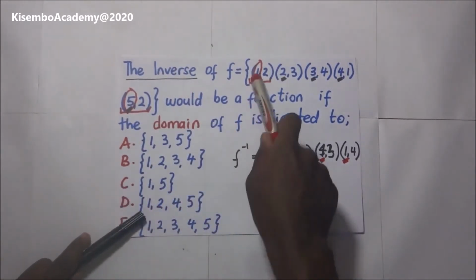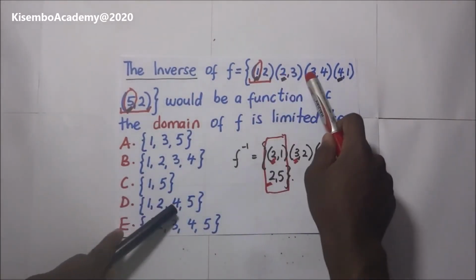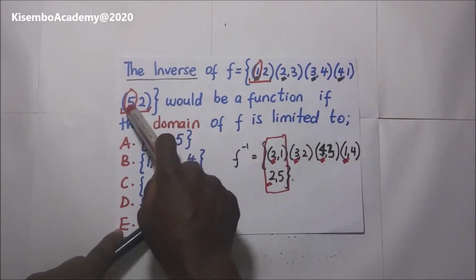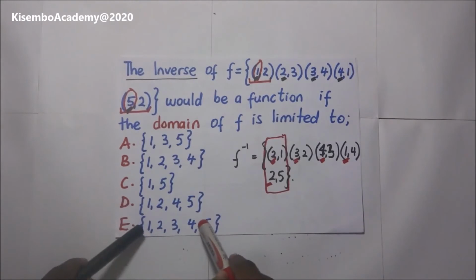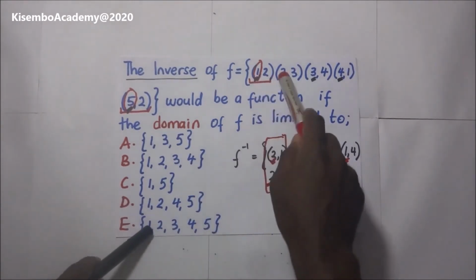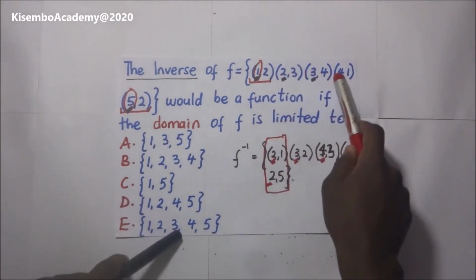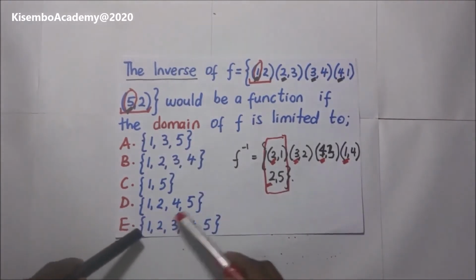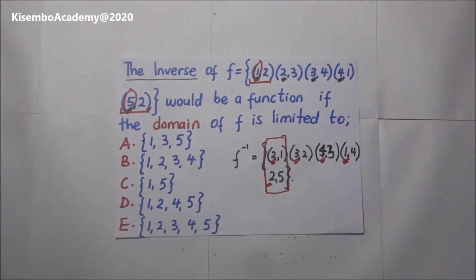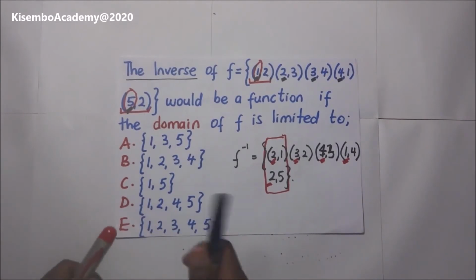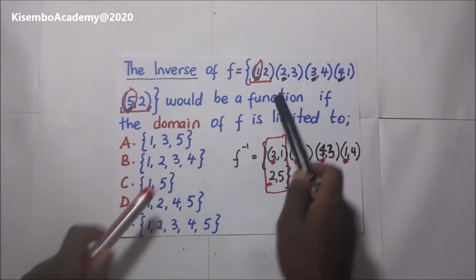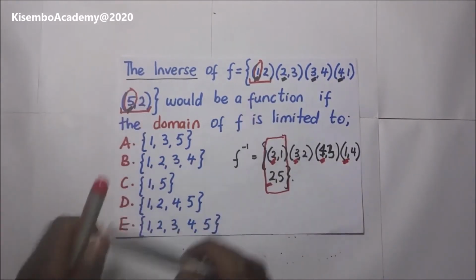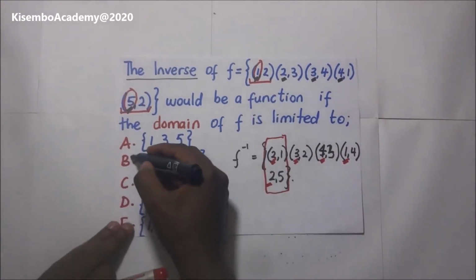Part D is 1, 2, 4, and 5, so both are still there. D is not it. Then part E is 1, 2, 3, 4, and 5. Part E includes all of them, so it's not. The answer here is B. That B has 1, 2, 3, and 4, meaning we've eliminated this one. So part B is the answer here.